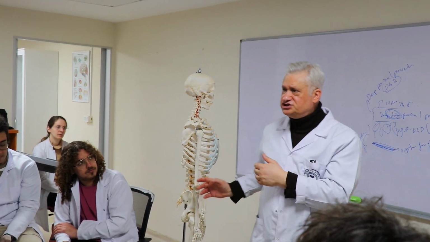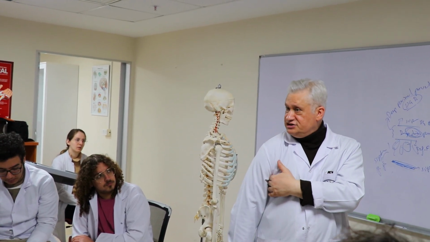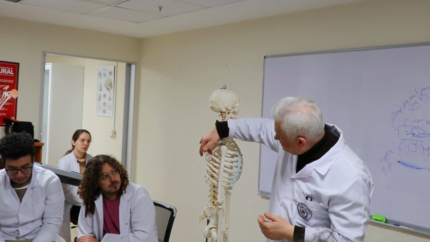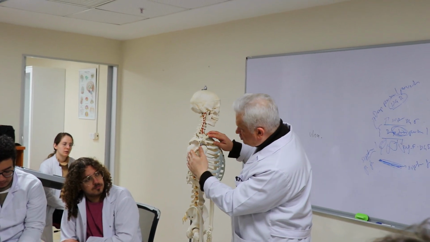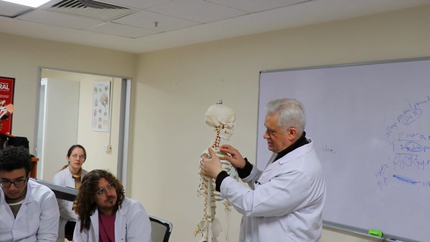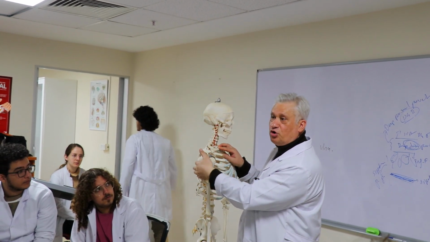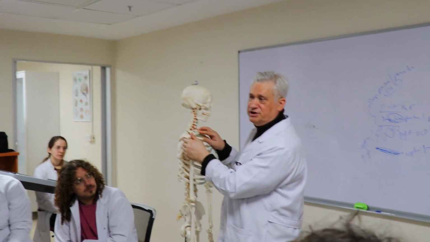So teres major would medially rotate, however teres minor would laterally rotate. Why? Because teres minor covers and runs on the posterior aspect.